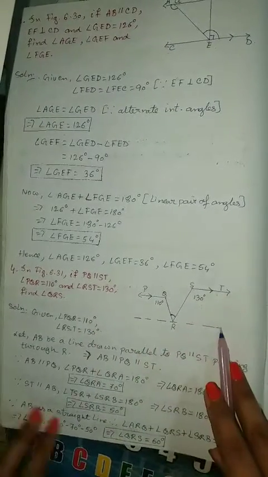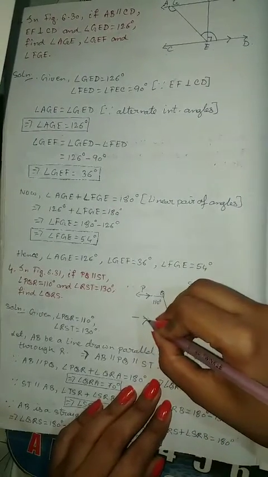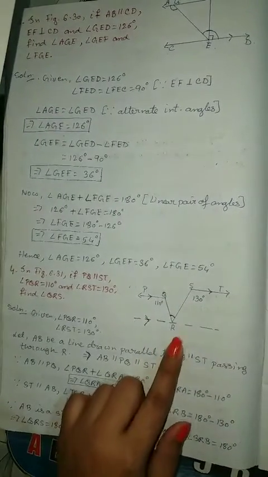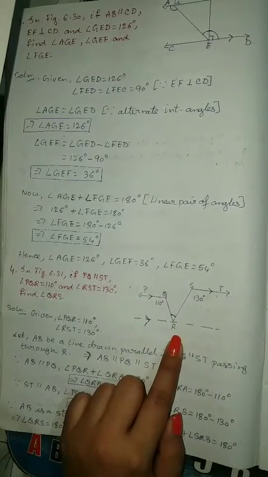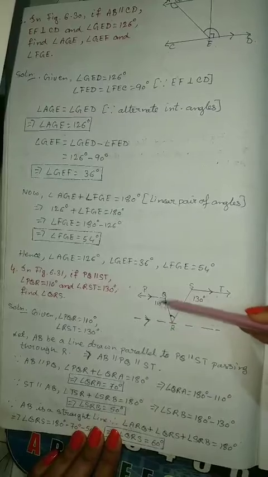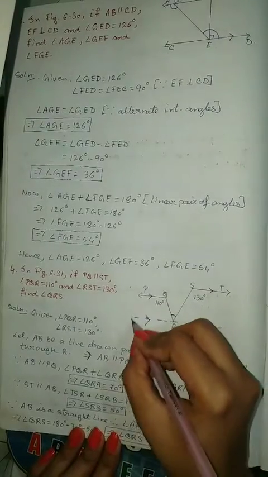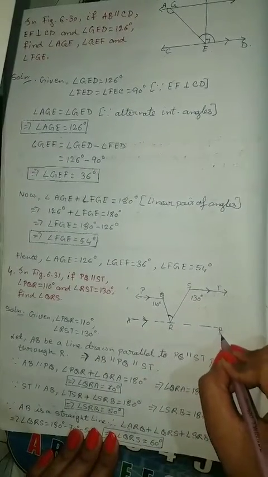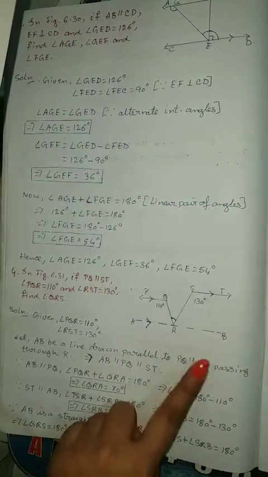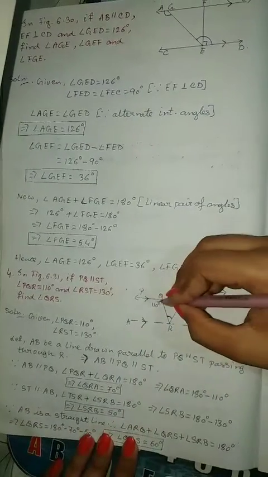We will draw a line which is parallel to them, and it should also pass through R. Since we have parallel lines here and here, PQ is parallel to this one. So let us give it a name. Let it be AB.